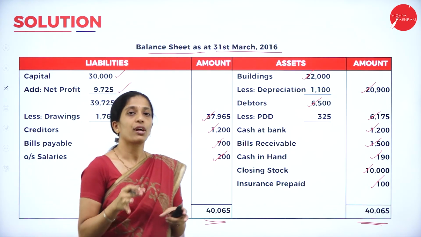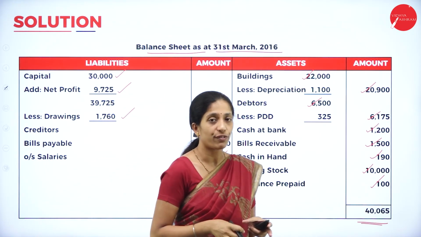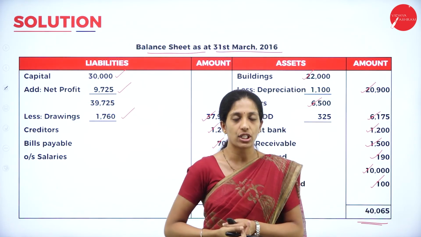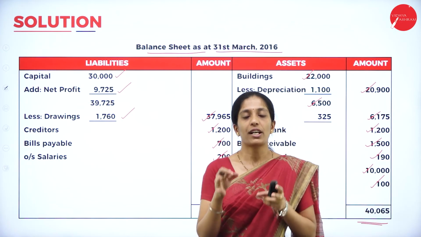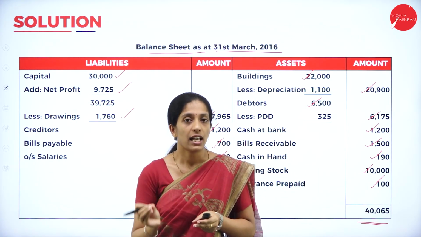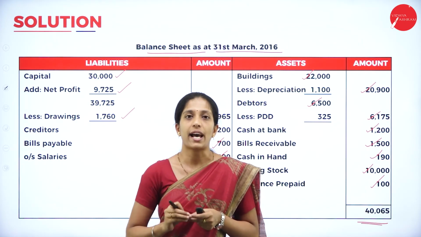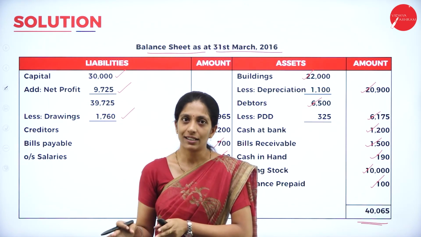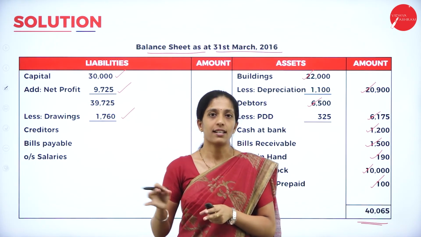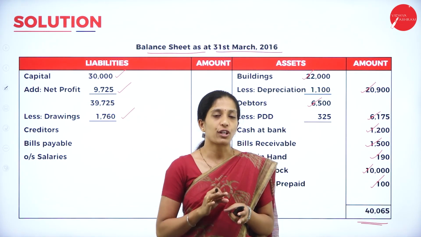So this is how you are going to prepare your trading, profit and loss account as well as balance sheet at the end of the financial year. Always remember, the trading account will start on the debit side with opening stock, purchases less returns, and all direct expenses, and on the credit side with sales less returns and closing stock. So you'll get gross profit or gross loss.